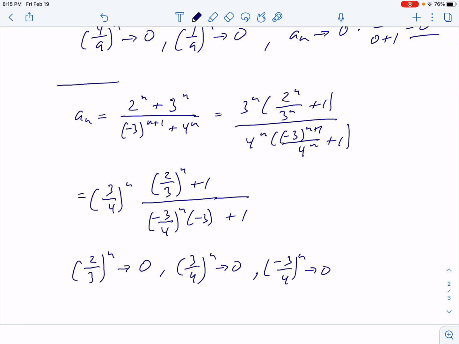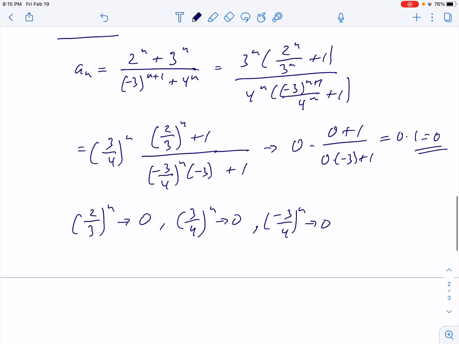So we can compute all these limits, and using the limit theorems we can write that the limit of a sub n will be 0 multiplied by 0 plus 1 on top, and below we have 0 times negative 3 plus 1. So this will be 0 multiplied by 1, which is 0. It's important in all these works not to divide by 0. So we can multiply by 0 but not divide. So this arrangement is the proper way to solve this problem.